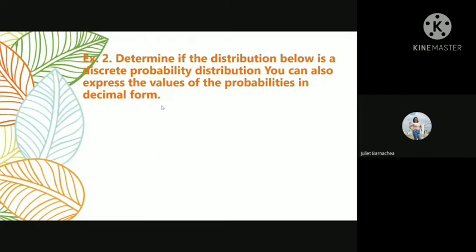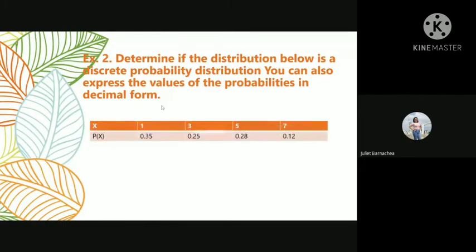Determine if the distribution below is a discrete probability distribution. You can also express the values of the probabilities in decimal form. First condition, is this between 0 and 1? A yes or a no?